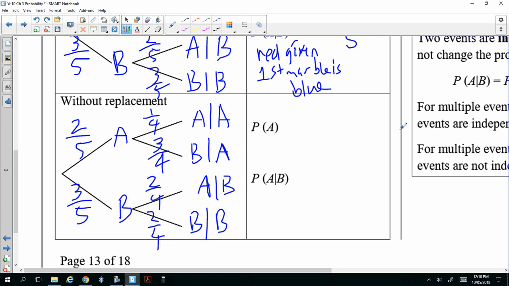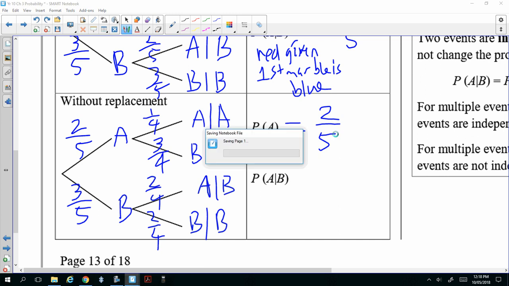Now we're going to answer this question. The probability of getting a red marble will be 2 out of 5. But for the second one, the probability of getting a red marble given the first one was blue is now changed to 2 out of 4.